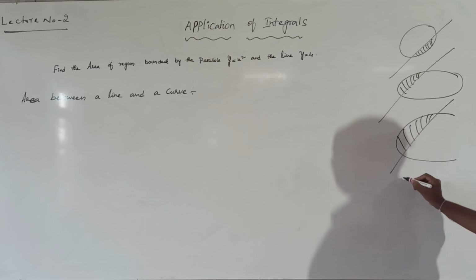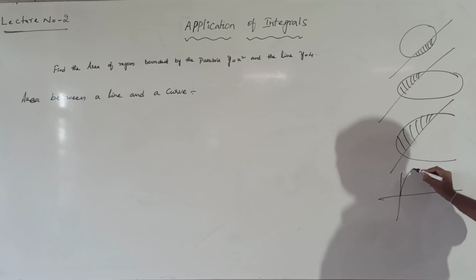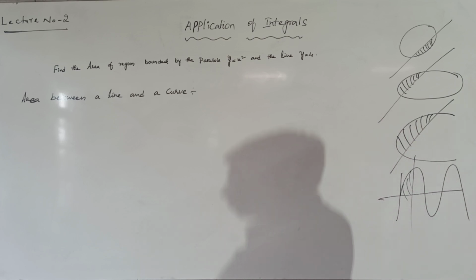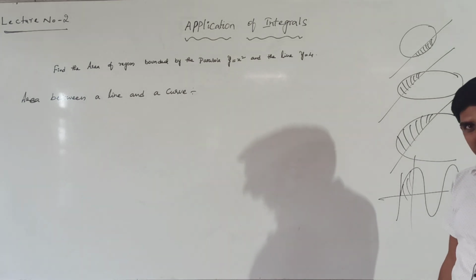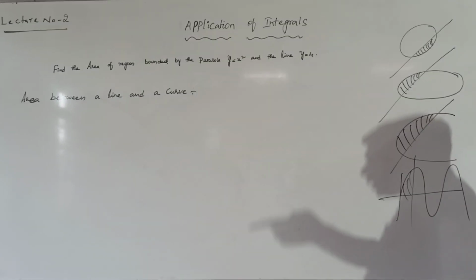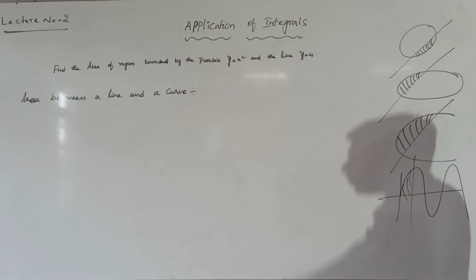Like that, suppose we know the sine function, right? What is the sine function graph? Like this, right? Suppose there is one line, what is this area? Means we have to find out the area between a line and a curve. In the previous two problems, just simple curves only, they did not give any line.